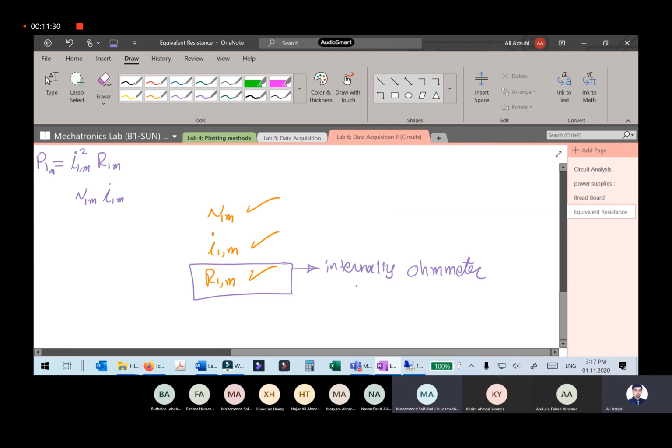What does the ohmmeter do inside? It measures V1 and measures I1, and internally it will show you R equals V over I. Based on this, if you calculate power from here or from here, it should be the same.